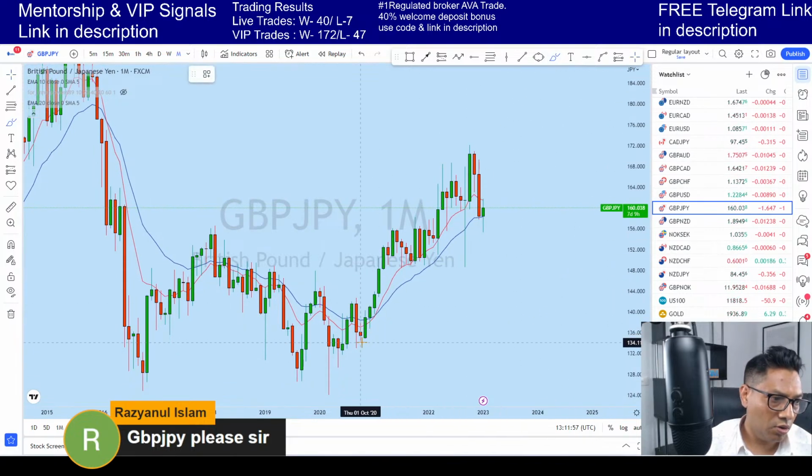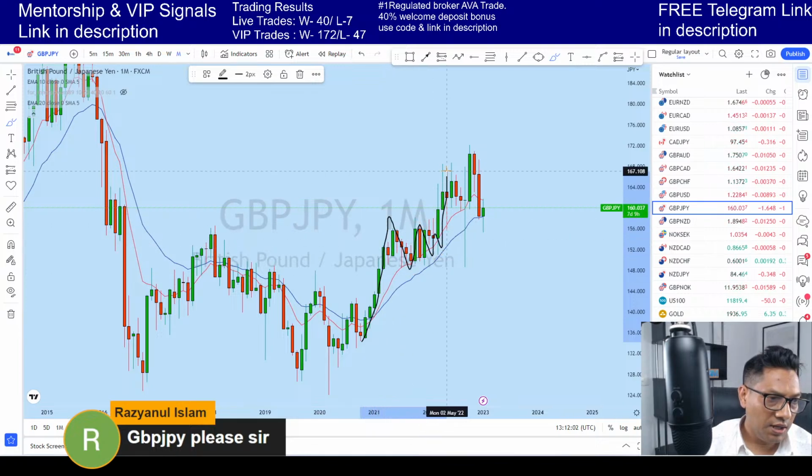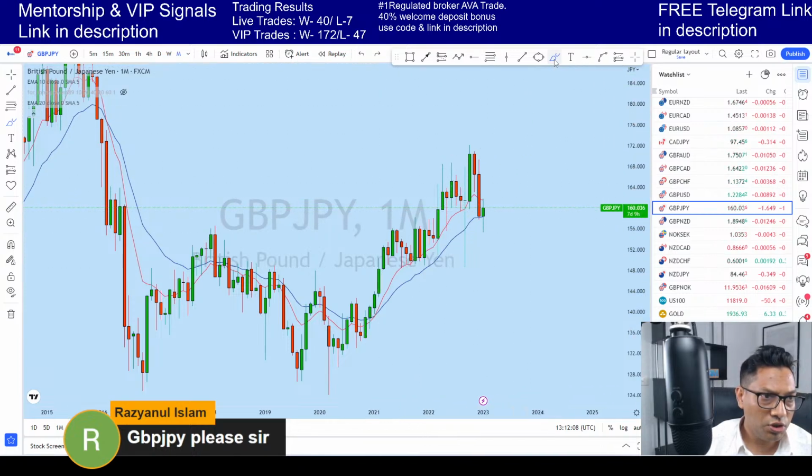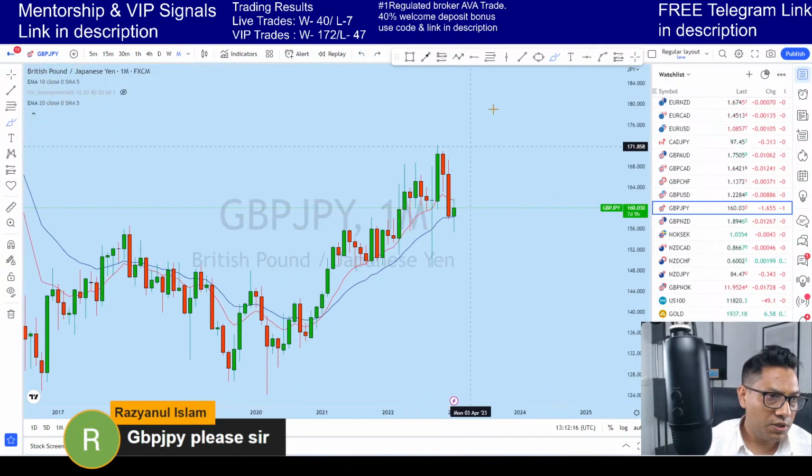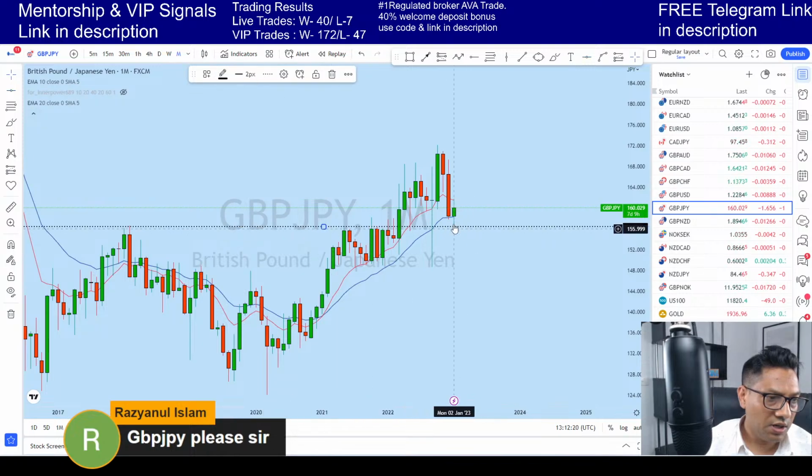There is an impulse, correction, consolidation, and then there is an impulse. We see that GBP JPY is in fact creating a strong bullish market with this long doji. From the monthly perspective, the price has formed from this monthly resistance turning support. There is a bounce here.